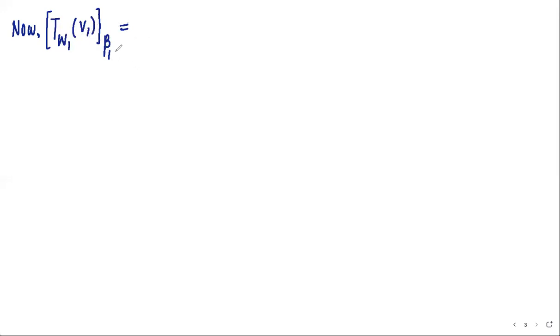So we write TW1 of V1 equal to A11 V1 plus A21 V2 plus so on plus Ak1 Vk, because V1, V2, up to Vk are the k vectors from the basis beta 1.